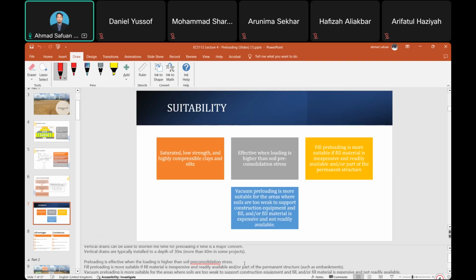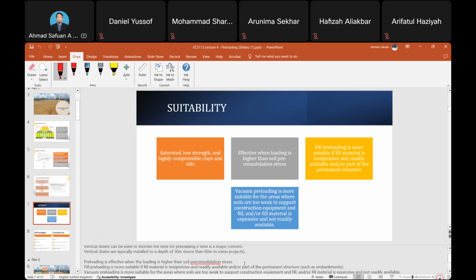So field preloading is more suitable if field material is inexpensive and readily available, or a part of permanent structures such as embankment. As I mentioned before, for the preloading, usually it is a permanent load or structure.